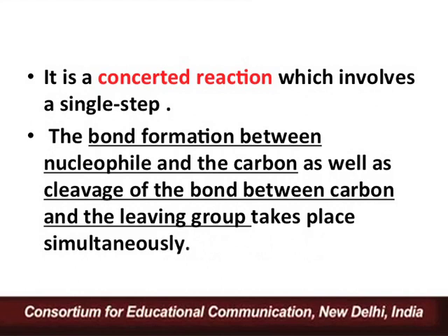Now, what do we mean by saying it is a concerted reaction? That means the reaction takes place in a single step in which bond formation between the nucleophile and the carbon atom, as well as the cleavage of the bond between carbon and the leaving group, takes place simultaneously.